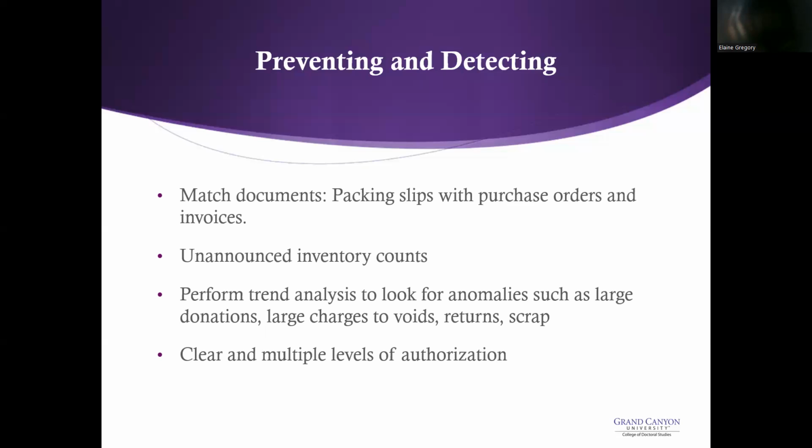Look at every time there's a negative revenue, a debit to the revenue account, and find out where that's going. Looking for clear and multiple levels of authorization. Like I said, if your company does voids of sales, make sure that the salesperson cannot void the sale. They have to call a manager over with a special key or barcode that allows them to do that.